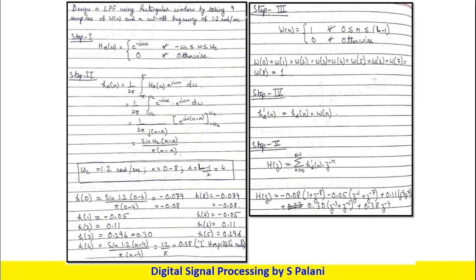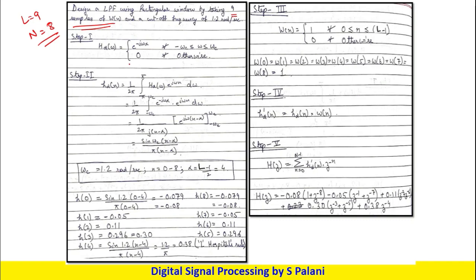When we talk about 9 samples of wn, 9 is the length. L is equal to 9, so N is equal to 9 minus 1, 8. So we are basically talking about a filter which has an order of 8.